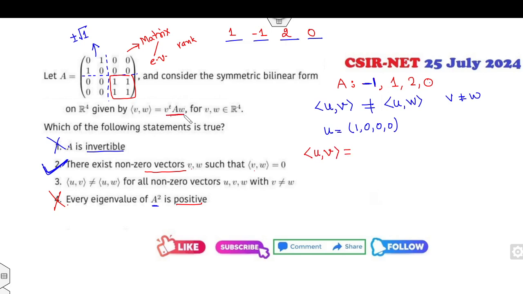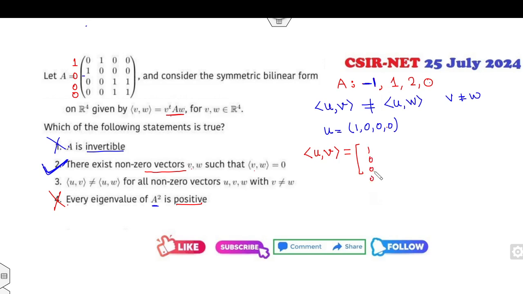It will be V transpose, so what is the transpose of this? 1 0 0 0, because I have to multiply them, that's why I have written it here. This is my 1 0 0 0, then the matrix, and then W. So it's W1 W2 W3 W4, and that is my V1 V2 V3 V4. Now if you multiply them, it will be V2 0 0 0. So that will be only V2. V2 means the second component.